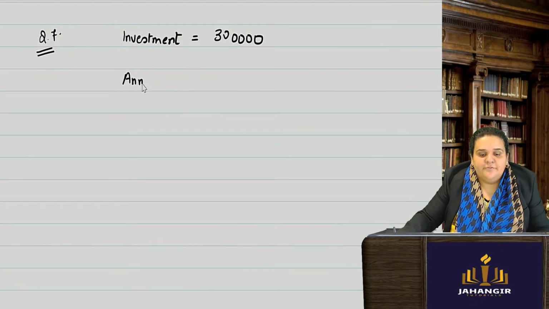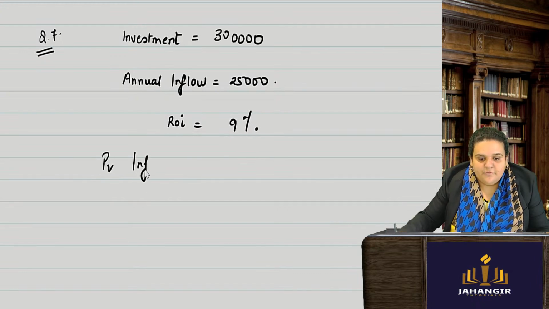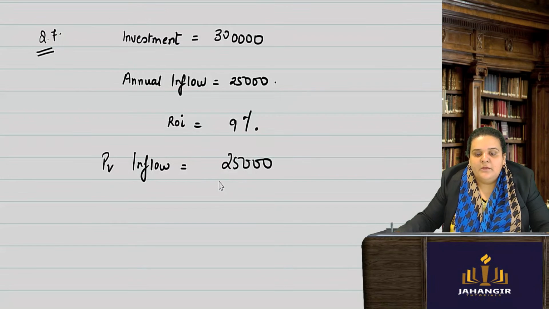My annual inflow is 25,000 rupees. Rate of interest I is given at 9%. I need to know my present value of the inflow. For the perpetuity, present value of the inflow will be 25,000 divided by 9%.